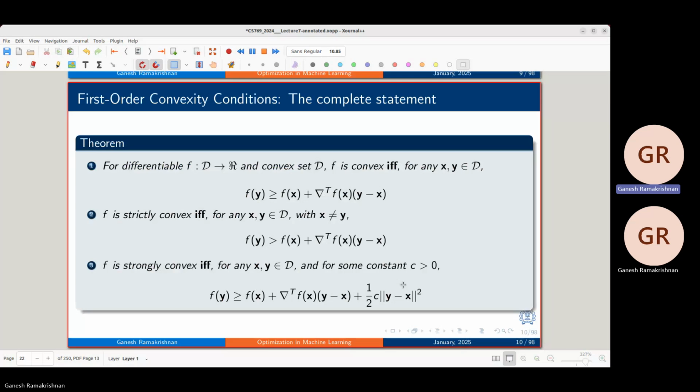So look at it. If the epigraph is not a convex set, then the function is not convex. Remember that, they're equivalent. If the epigraph were like this, then the function is not convex. For a non-convex epigraph, a non-convex set, a supporting hyperplane is not guaranteed at many points.